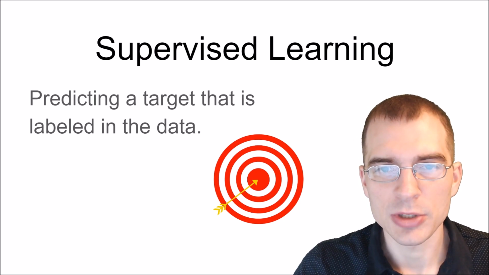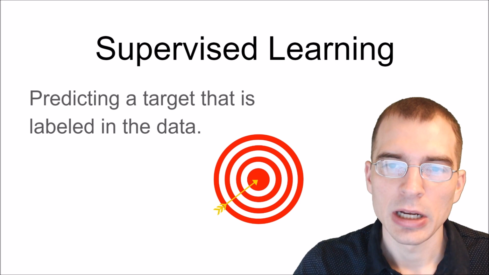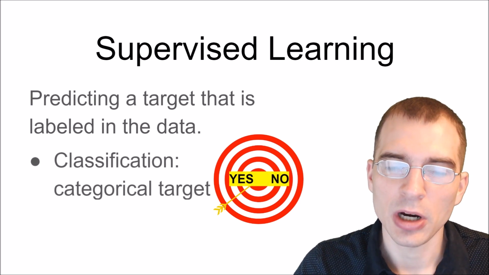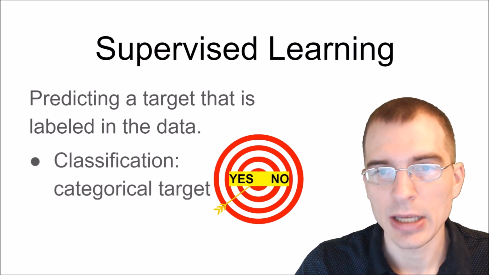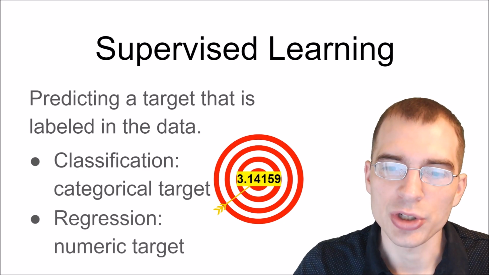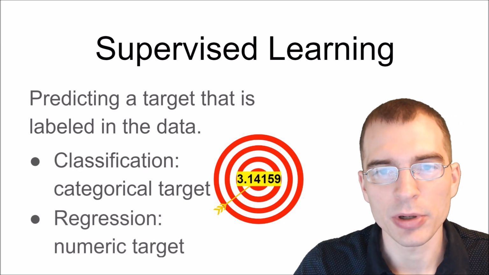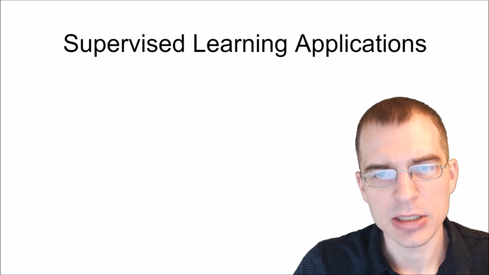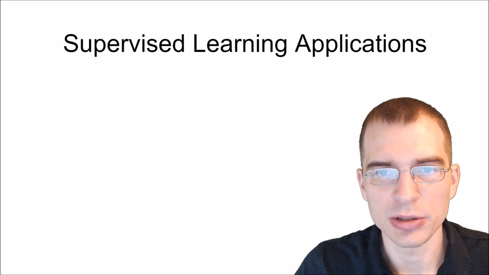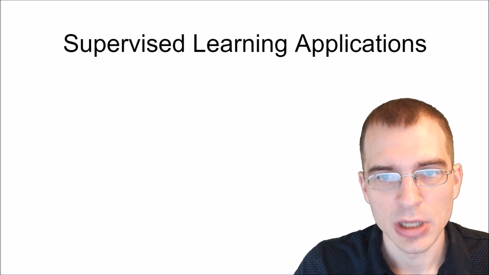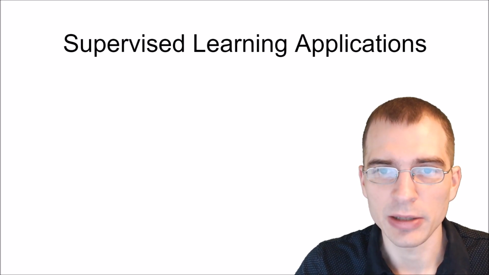Supervised learning problems come in two general flavors: classification, where the target is a category like yes or no, and regression, where the target value is a number. Supervised learning is the most well-developed area in machine learning and has many applications, some of which you might encounter every day.